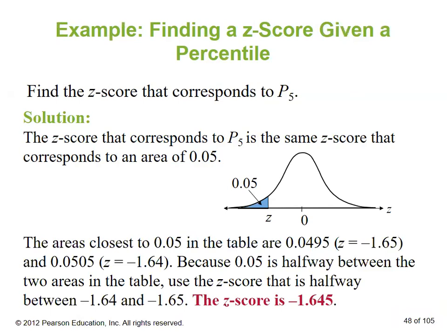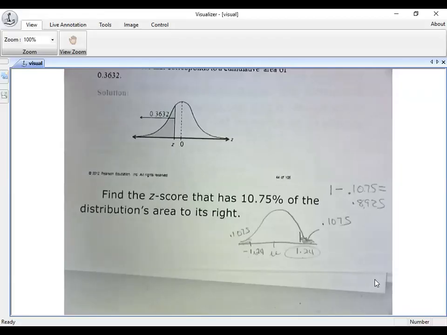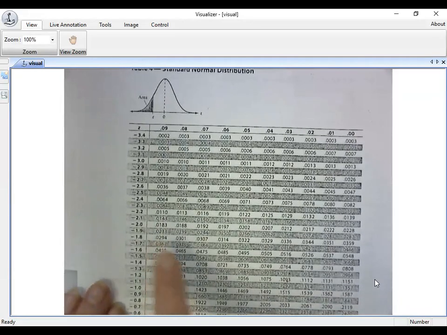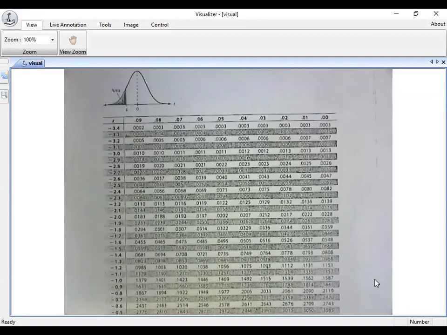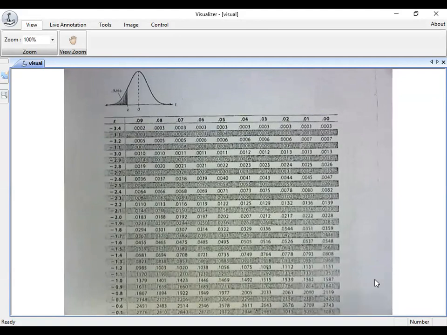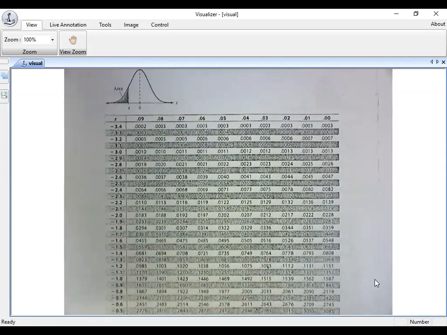And this is one that if you look in the table, you're going to see that 0.05 is not there. All right, so let me just show you real quickly. If we wanted to find 0.05 in the table, if you understand what it means when it says find the z-score that would go with a percentile of 5, that means an area of 0.05 because it's always going to be to the left.